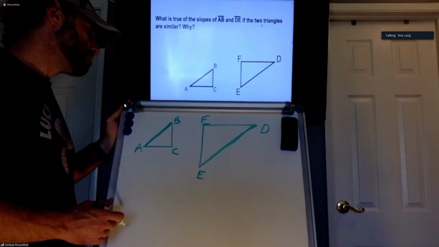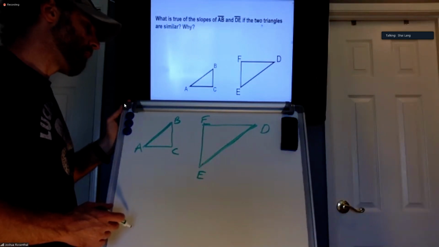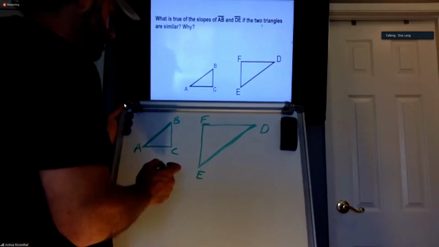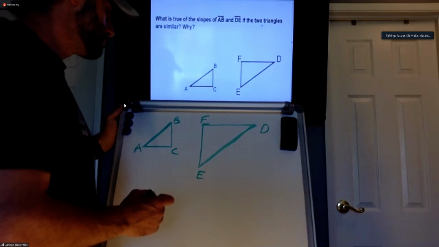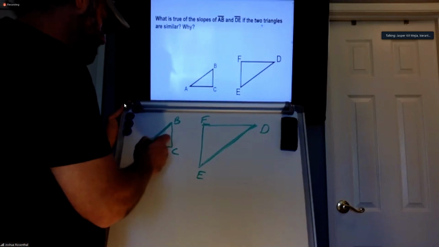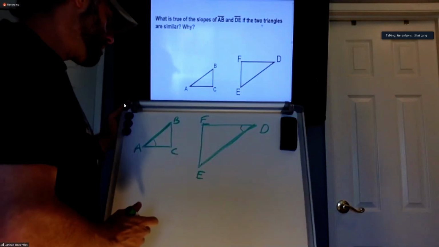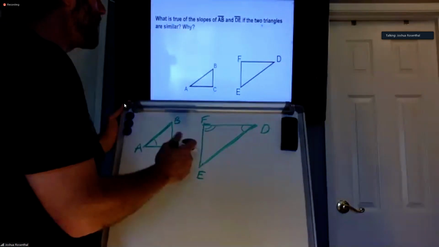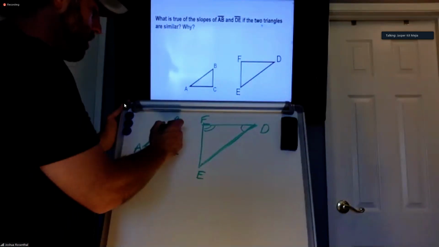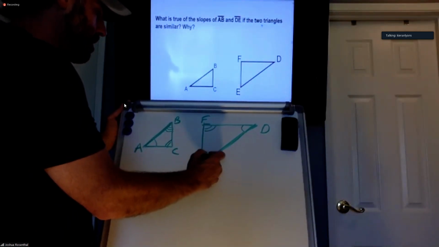Well, angle D is congruent to angle A, and angle E is congruent to angle B. And angle F is congruent to angle C. They're all right angles, but they're just flipped. Well, they could be a right angle, we didn't tell you that it was a right triangle. They're just made smaller and flipped.